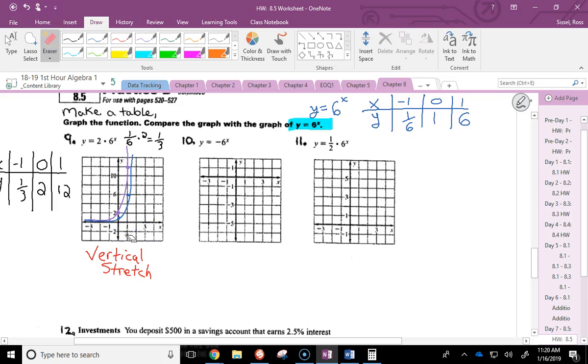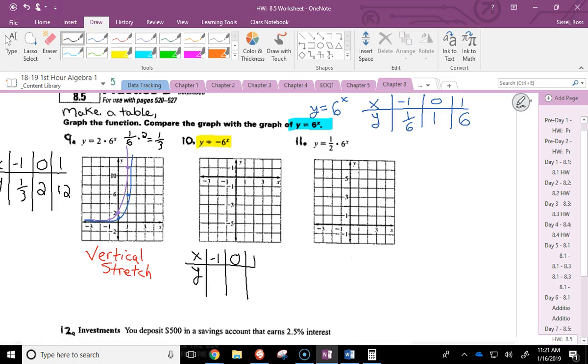So, on all three of these, I've actually done number 1 for you. On number 10 and 11, you're going to want to graph this line. I would graph it in one color, show what it would be, and then go ahead and make your table for each one of these. So for this one, x, y. Make x negative 1, 0, and 1. Put in this function to get your y.